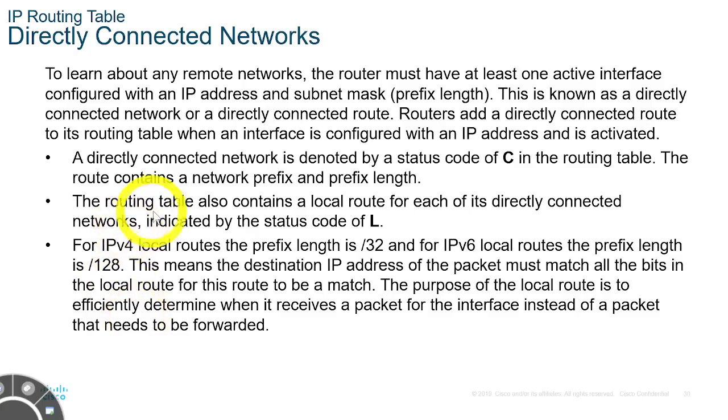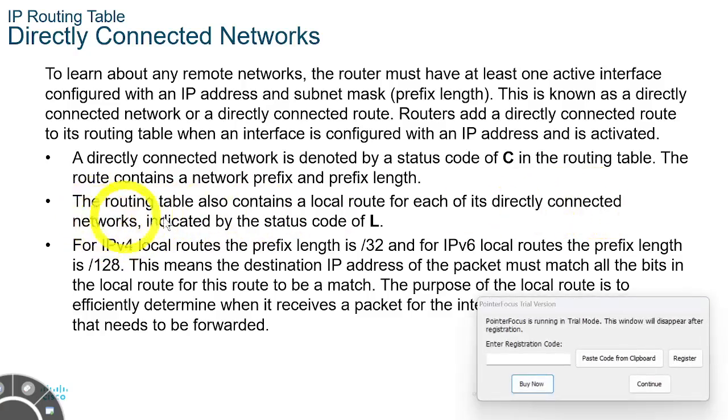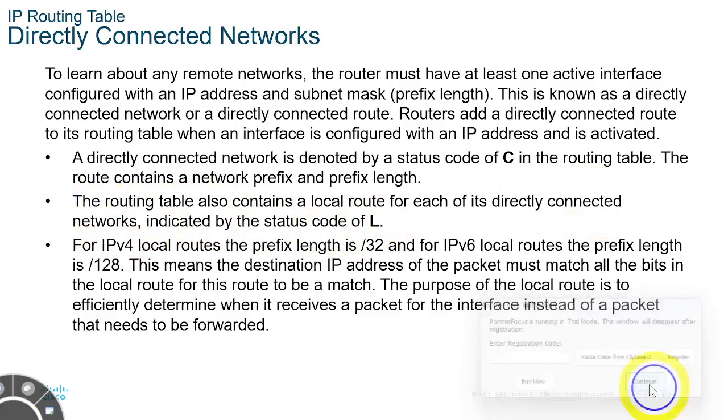Then the routing table also contains a local route for each of its directly connected networks, indicated by the status of L. So for each connected network, we also have the L code, because it's a local route.